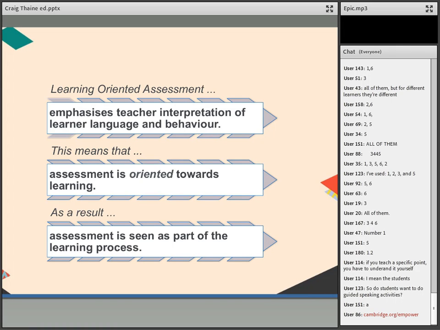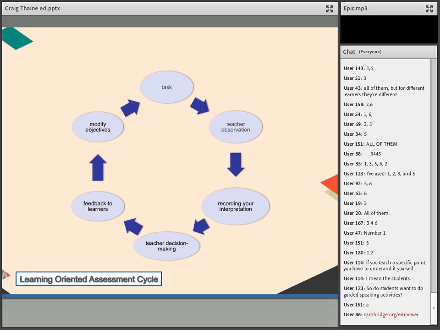They orient it towards learning. And as a result, assessment or evaluation is part of the learning process. So that's broadly speaking how LOA can be defined. So let's very quickly look at how it works. And I've used this diagram in the webinar on learning-oriented assessment.